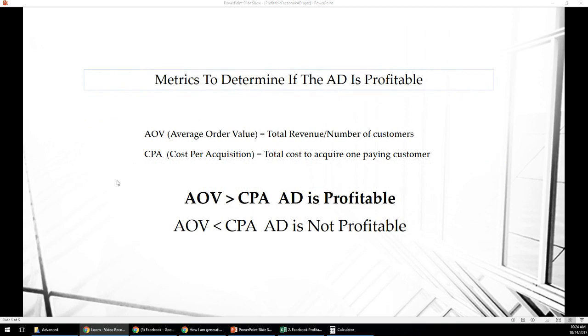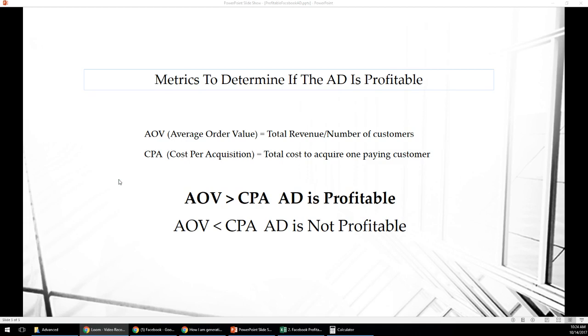And now we come to those two major metrics. And how do we determine that our ad is profitable? So as you recall, we mentioned AOV, which is average order value, and then we mentioned CPA, or cost per acquisition. So the math is very simple.